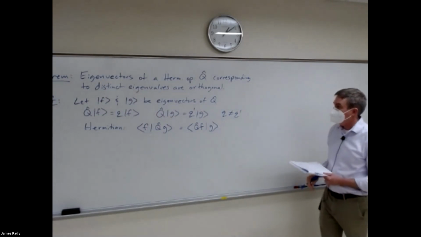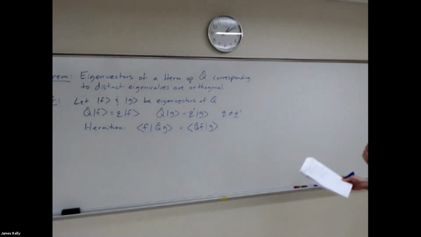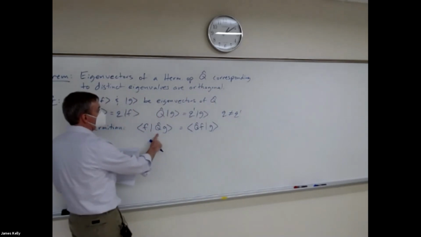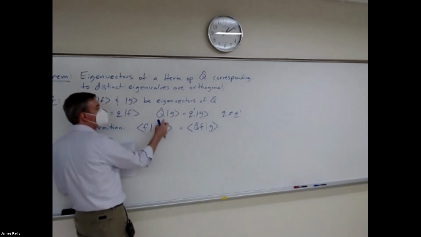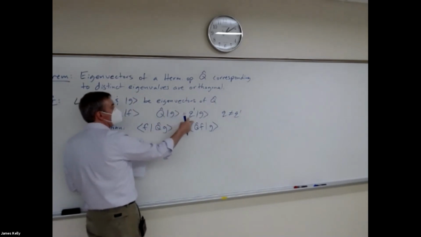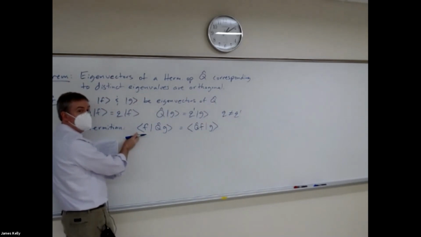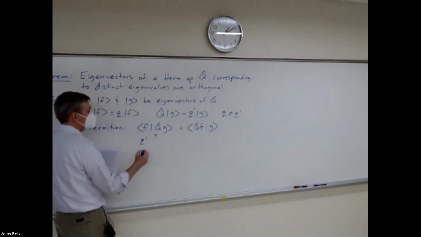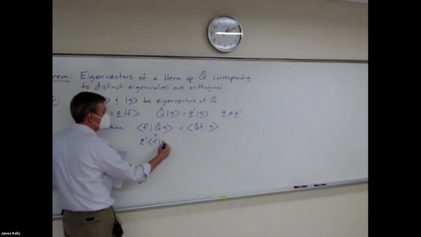I don't need to put a dagger on it. And again, we're going to work on both the left-hand side and the right-hand side. The left-hand side is easy. This is just notation for the result of Q acting on G. That's q prime acting on G, and that q prime can be factored out in front. So after maybe two steps of work there, I would get q prime times the inner product of F with G.